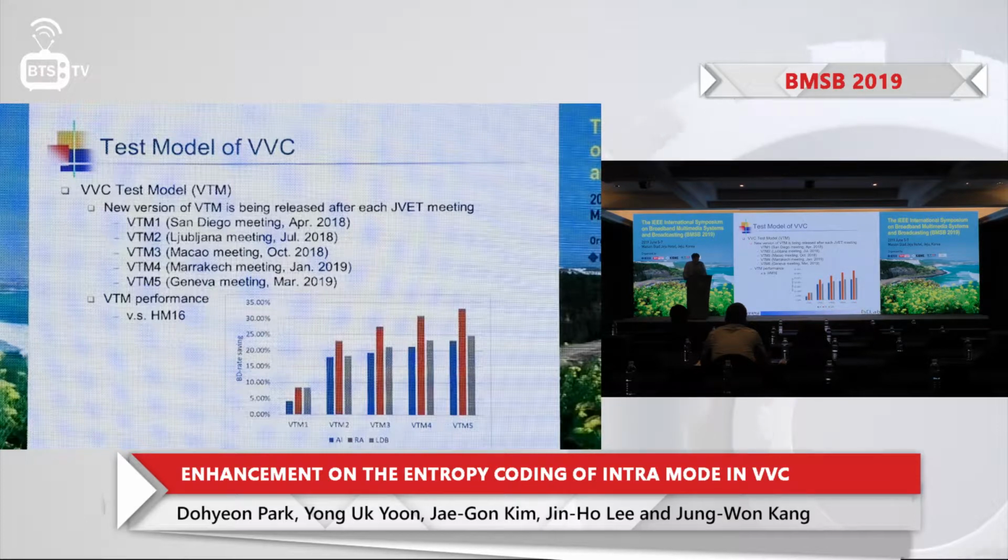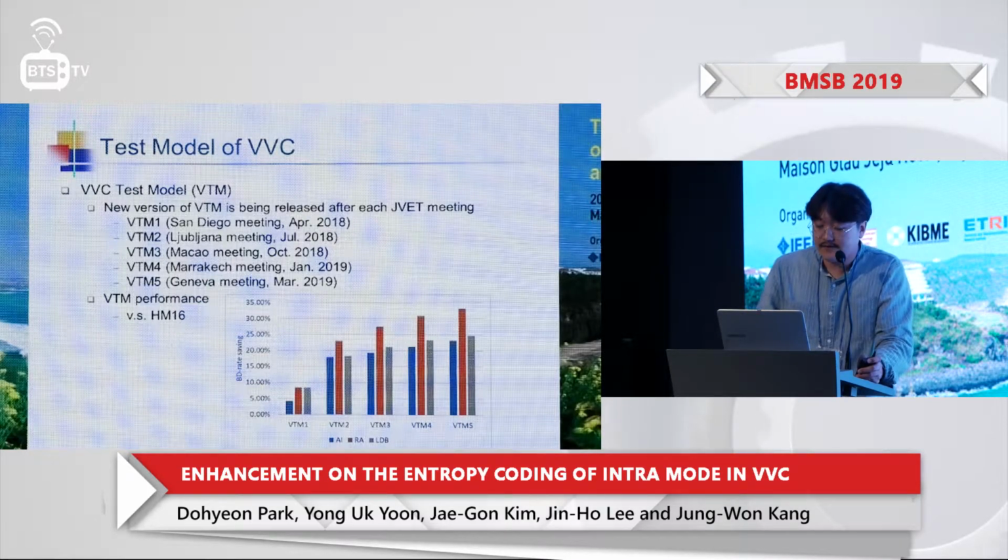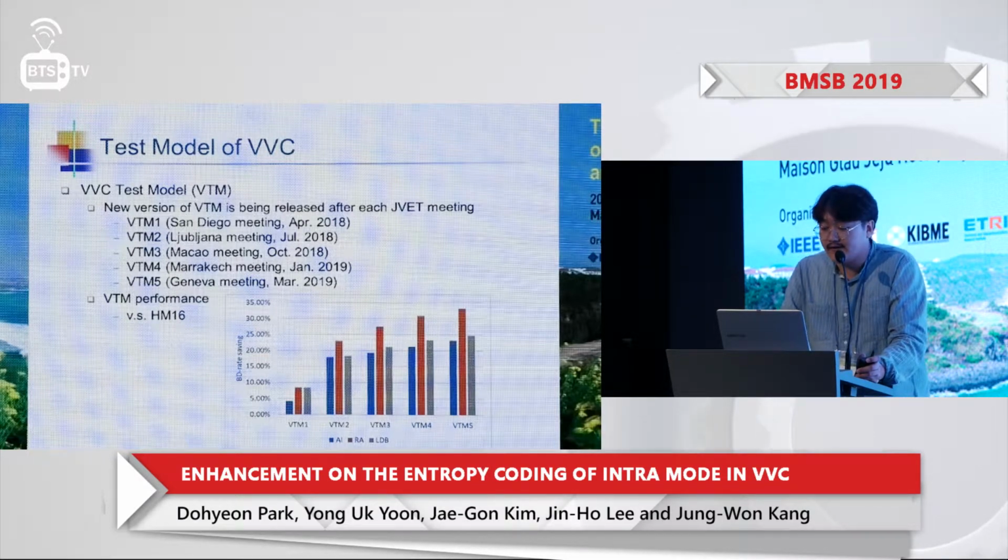On the all-Intra basis, VTM 2 performance is about 18% coding gain. VTM 3 performance is 19%. VTM 4 is 21%, and VTM 5 performance is 23%. The gap between each version is roughly only 1 or 2%.